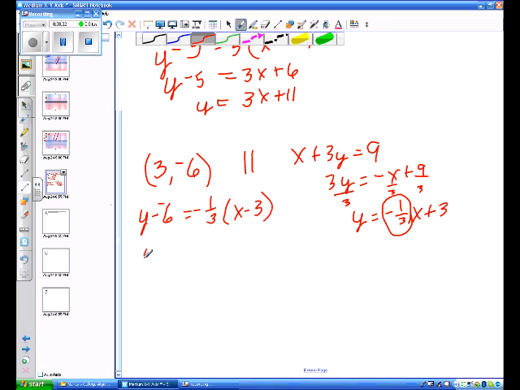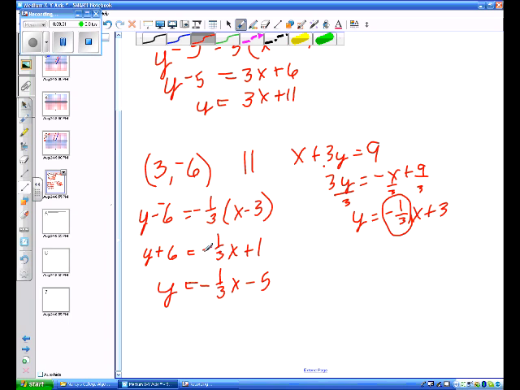Minus a negative is a plus, so -1/3 x. A negative times a negative is a positive. 1/3 of 3 is 1. Subtracting 6, we get -1/3 x minus 5. So this should be the equation that will be parallel to this line and go through this point.